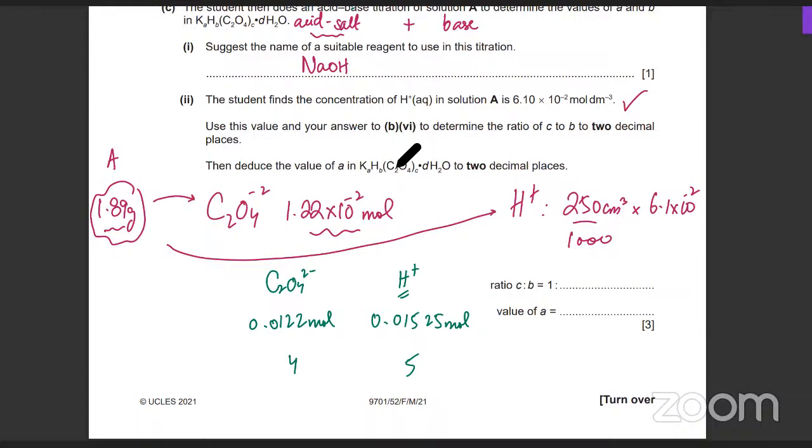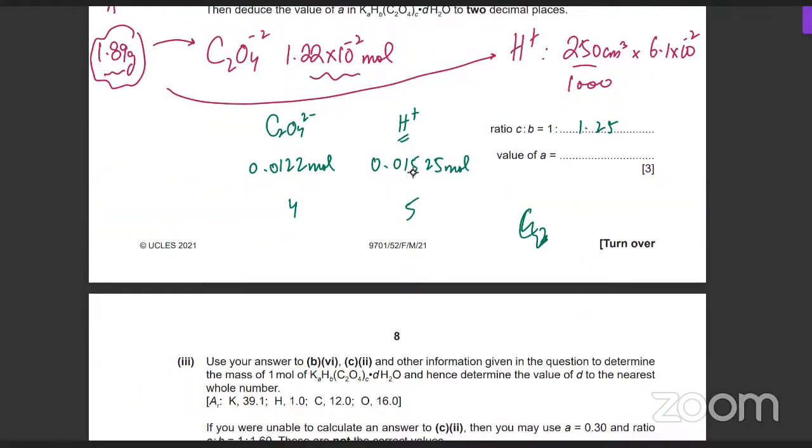So we need to find the ratio between C and B. 4:5 is 1:1.25, right? Look at the formula, that's the H ratio and C2O4 ratio. So we were able to figure that out, right? So 4:5. That means if I write the formula, this is C2O4.